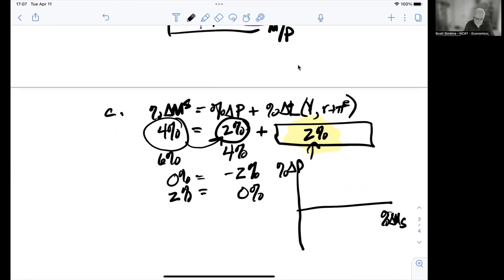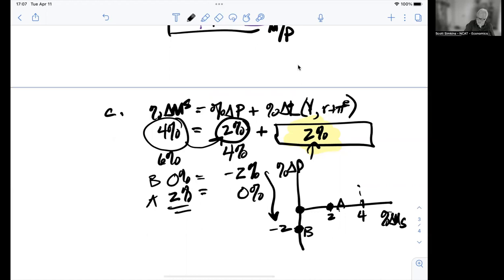If the percent change in the money supply is zero, then the inflation rate is going to be minus 2%. That's like A. If it's a 2% change in the money supply, then the inflation rate is going to be 0%. That's like B.